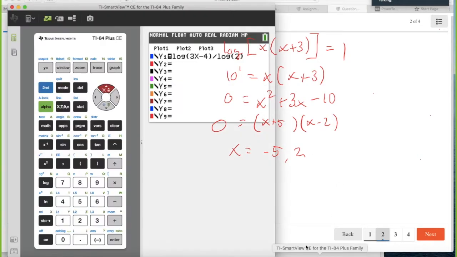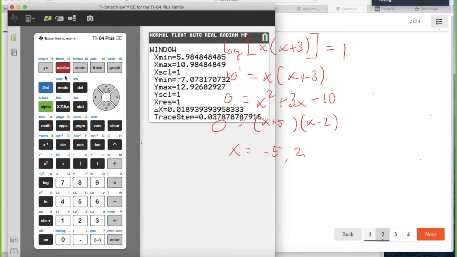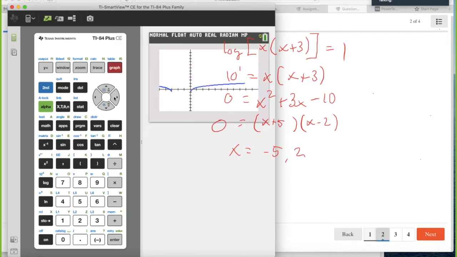So if we were to graph it, like I was going to do, it would be log of x plus 3. Window. I need that x minimum to go down to -5.